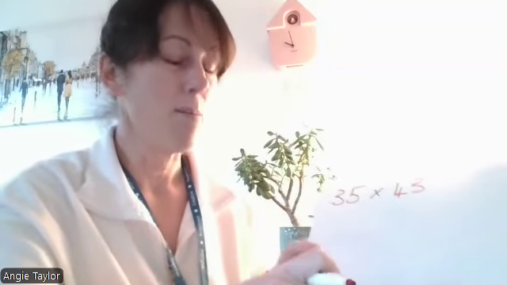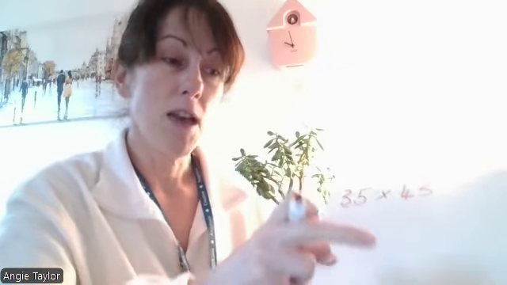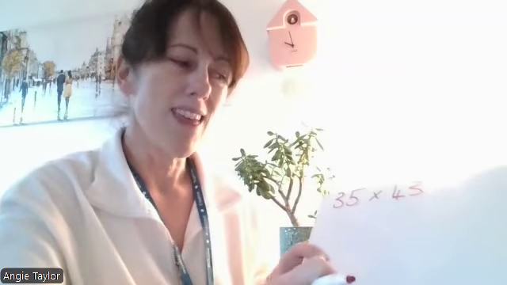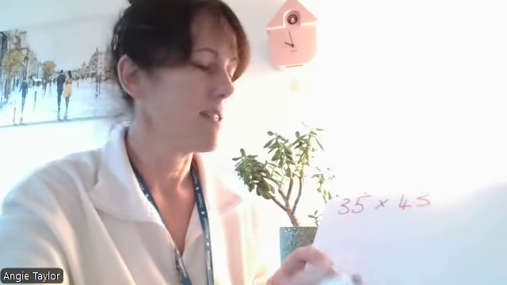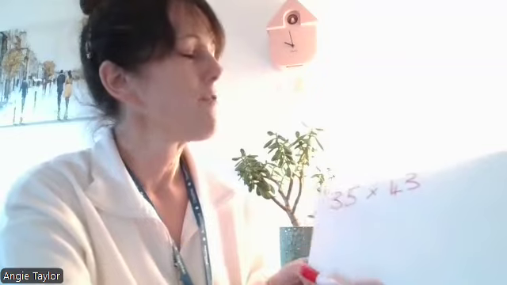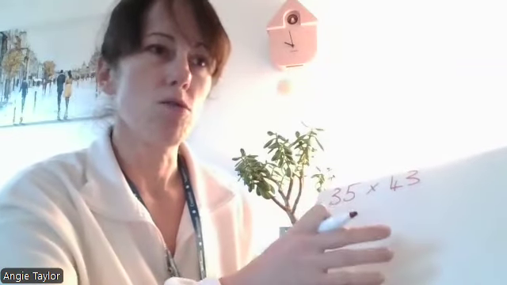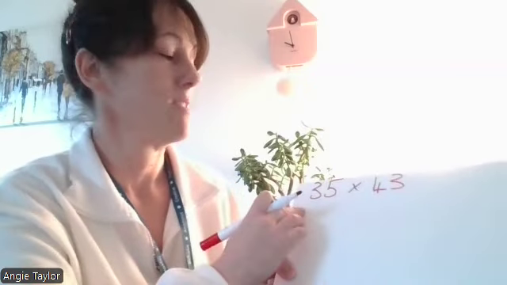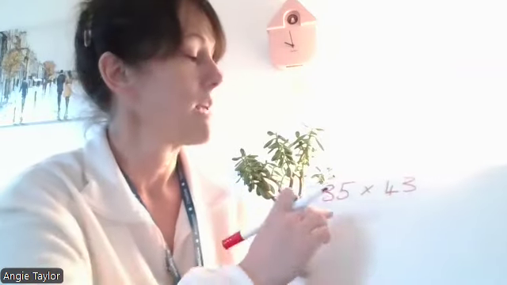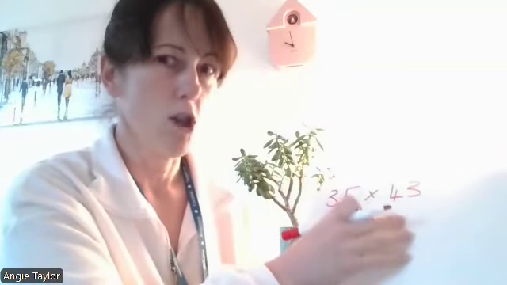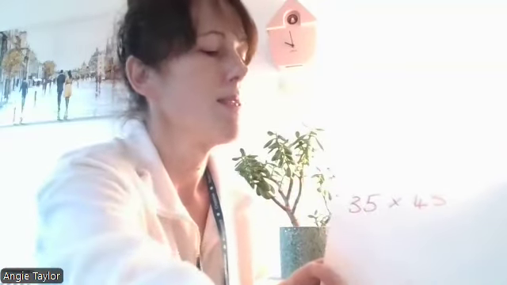Sometimes there can be bits of information thrown in there to try and trip you up. They're not actually necessary to the calculations that you're going to be doing. So if you read your worded problem, and you got to the crux of what they were asking you, and it was 35 times 43, you could write that down in your answer box to remind you what you're going to be working with.